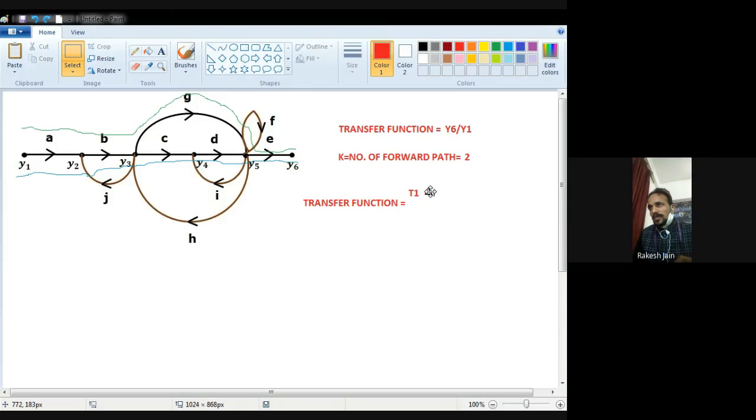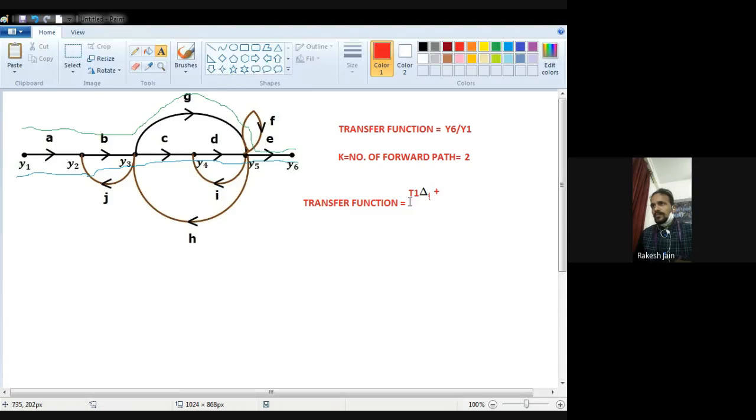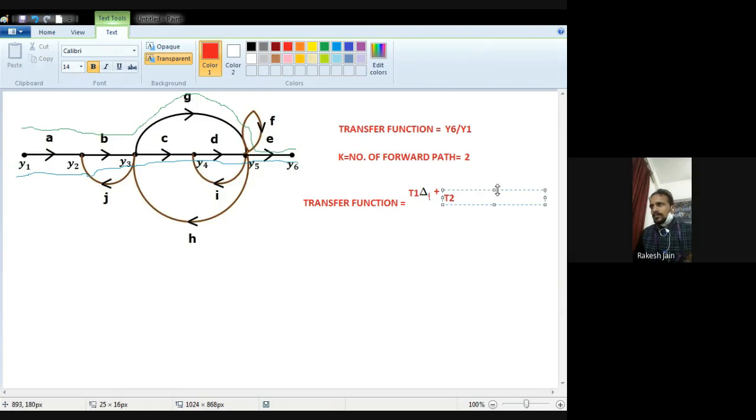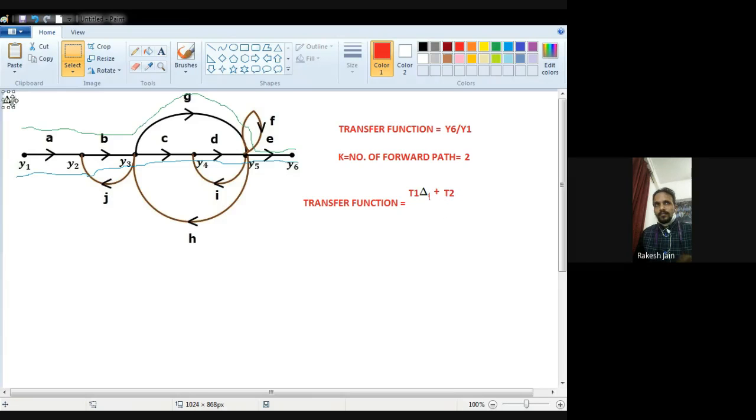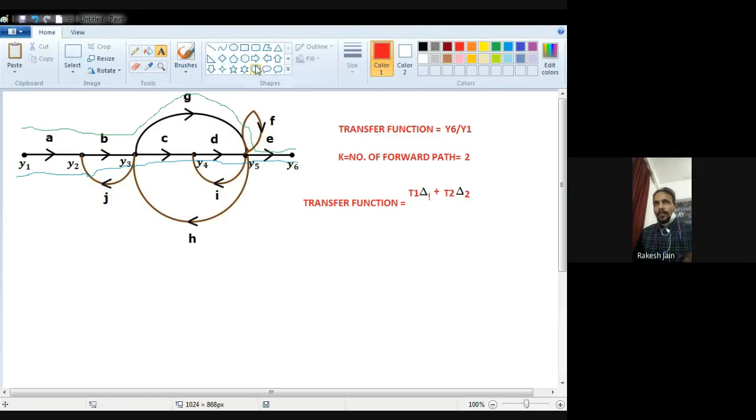Yes, T1 del 1 plus T2 del 2 upon del, because there are two forward paths, plus T2 del 2 upon del.